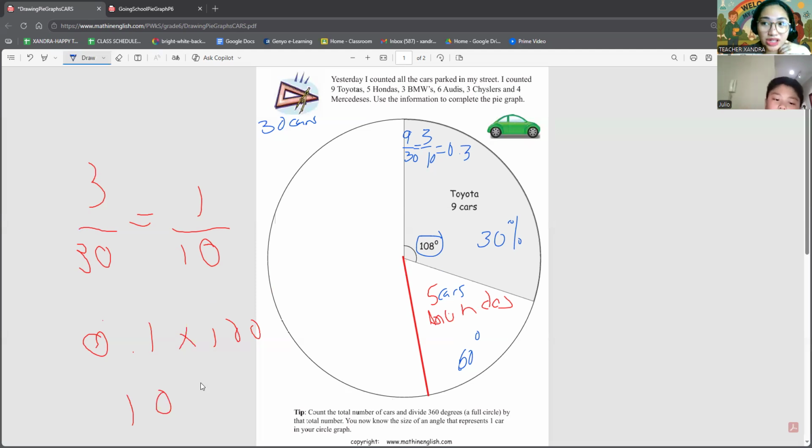3 divided by 30 times 360 degrees. For 3 BMWs, it's 3%, just 3% only. How? Sure, how?